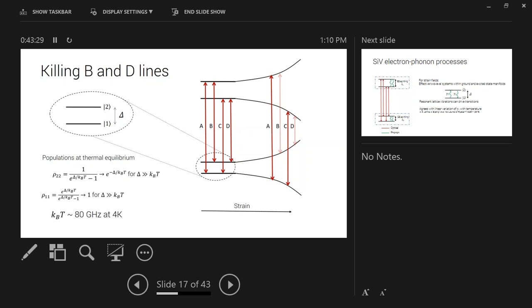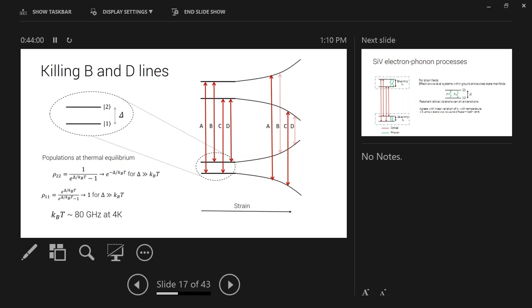What this means is that these two levels are essentially thermalized at 4 Kelvin. You have ground state population that's roughly 50-50 distributed between these two branches. But once you apply strain, thermodynamics tells you that at the point where this delta exceeds kT by a large amount, you're essentially going to deplete all the population in this upper branch. And that's the reason you kill these two lines, B and D.